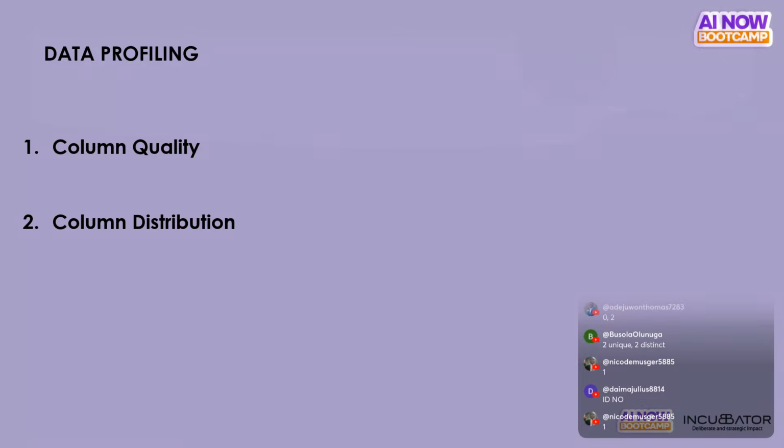So you cannot use their names as a unique identifier because their names might not be unique, but you can use their fingerprints, their BVN, or their matric number as a unique identifier. So how do you know the unique identifier in your data? Column distribution will tell you if there are unique identifiers there.